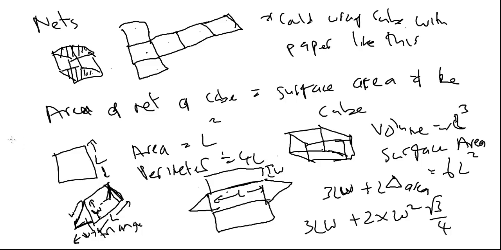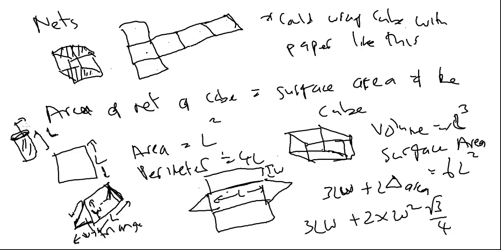You might also be asked to work out the net of a cylinder, but it's the same process. We can see that the main body has, say, height L and width, well, that's the circumference of that circle.